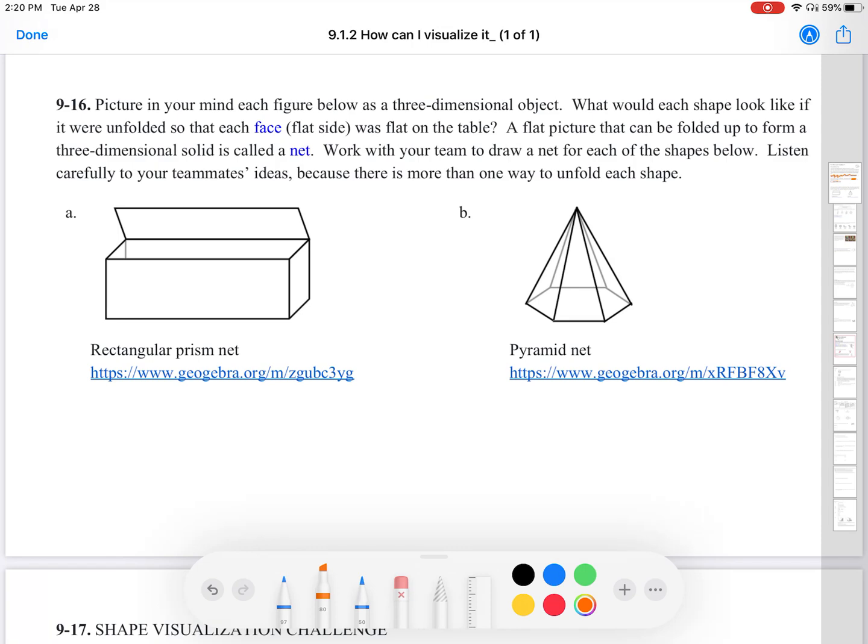What would each shape look like if it were unfolded so that each face, the flat sides of anything, was flat on the table, like I already cheated and showed you before? A flat picture that can be folded up to form a three-dimensional solid is called a net. And that net is what it would look like if it were all flattened out. Now draw a net for each of the shapes below, and let's see what we have.